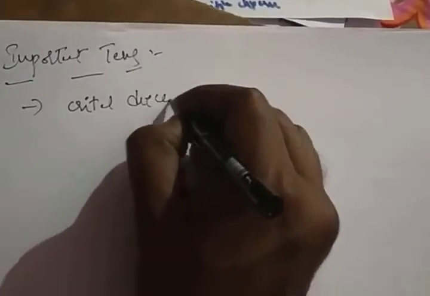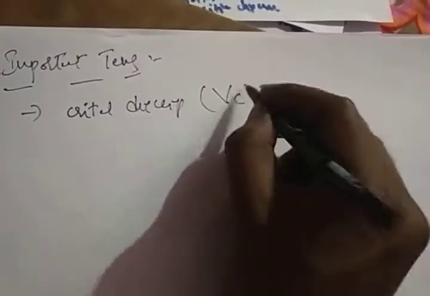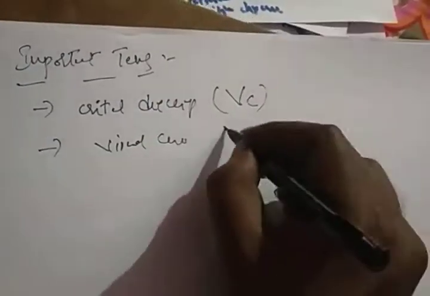A profitable, efficient transmission system should consider the following terms. The first one is the critical disruptive voltage, called Vc, the second one is the visual critical voltage, called Vv, and the power loss.